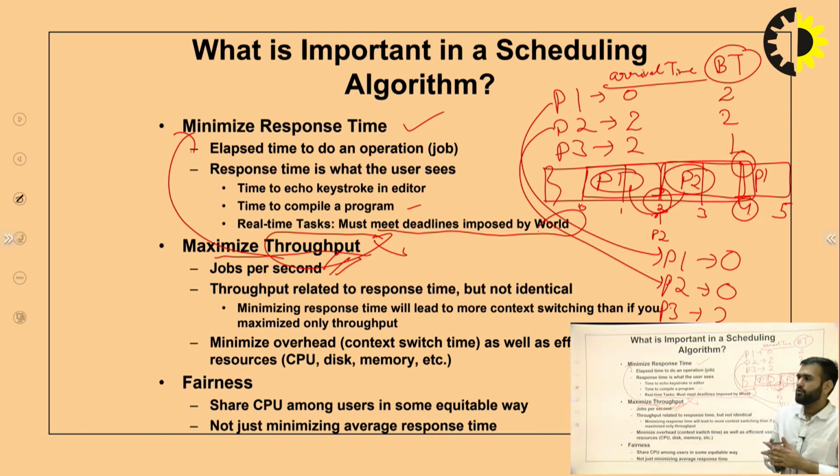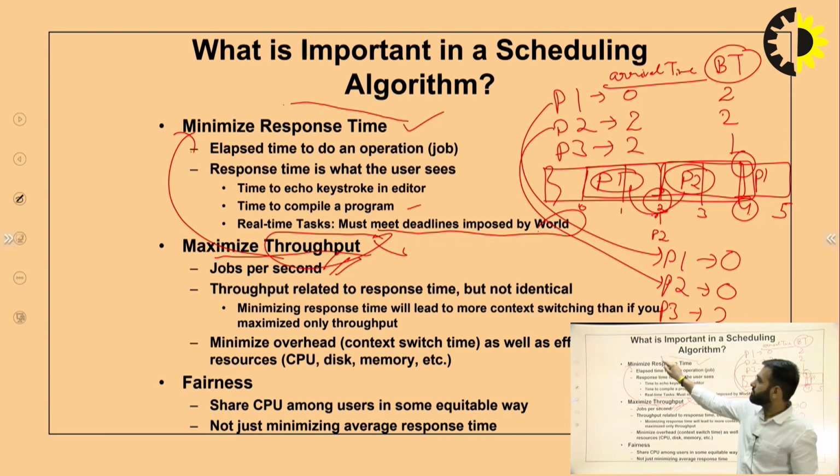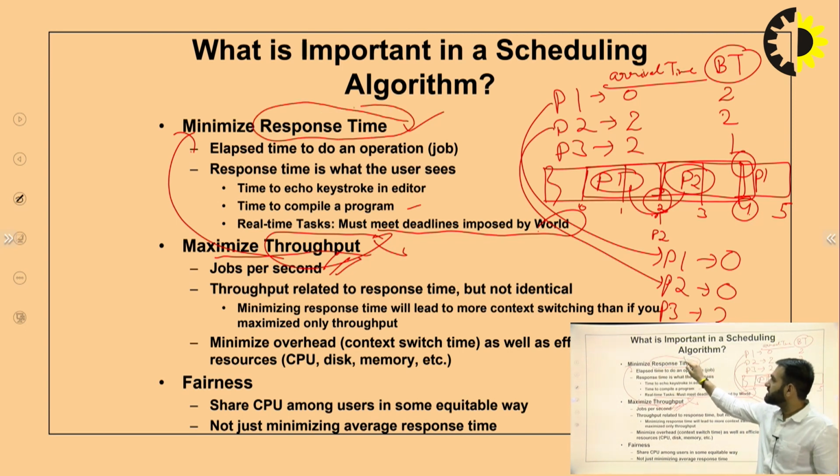So if we want to minimize the response time, undoubtedly it will increase the context switching.